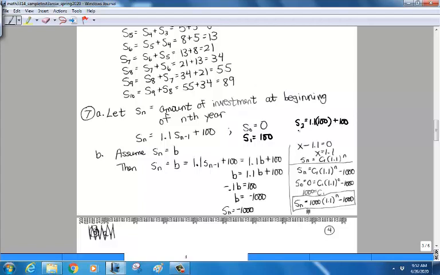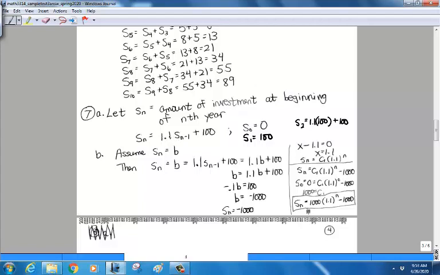So you can use that same logic here to compute S sub 3 and S sub 4 and so forth, and that easily leads you to this recurrence relation. Here's the general formula for how much you would have, S sub n, at the beginning of the nth year. You would take how much you had in the prior year, which is S sub n minus 1, and add 10% of that, in other words, multiply that by 1.1.